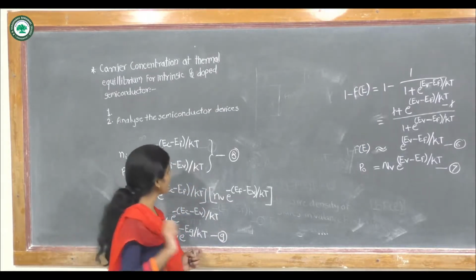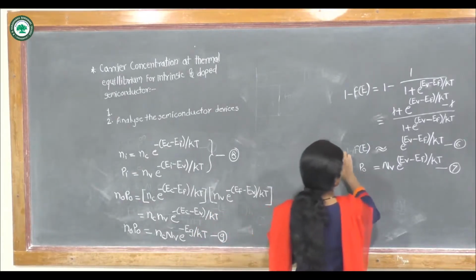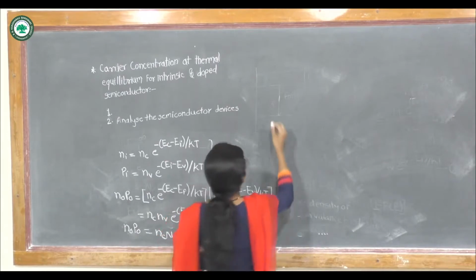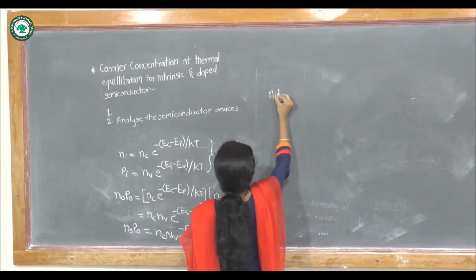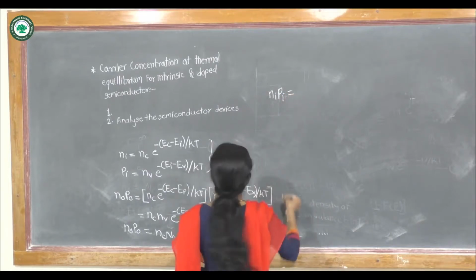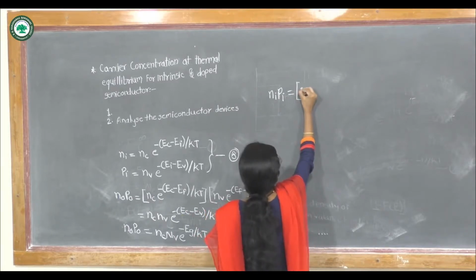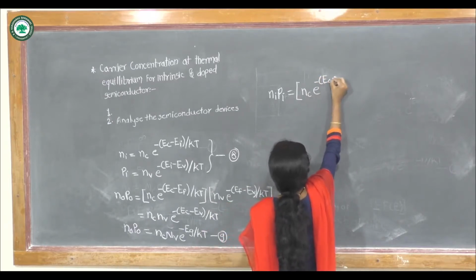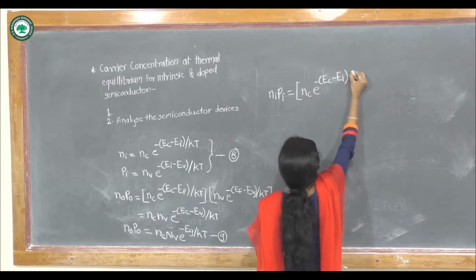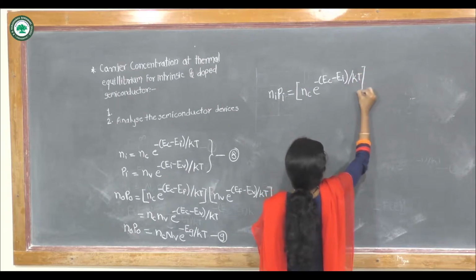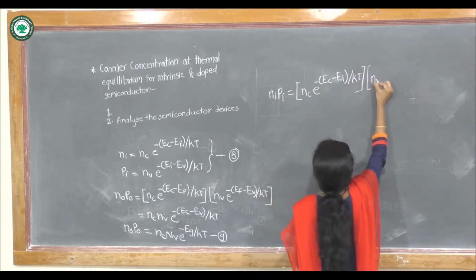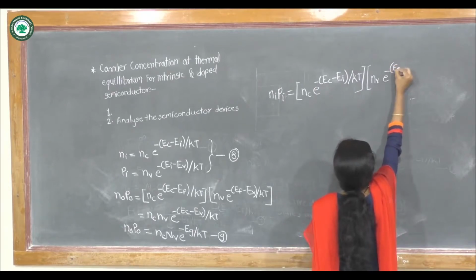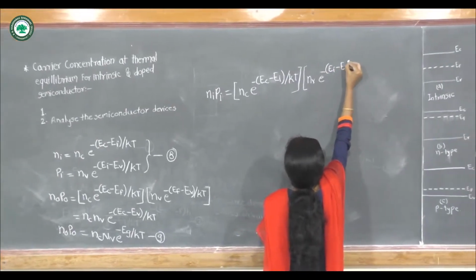Also the product ni pi can be given as ni pi is equal to Nc into e raised to minus (Ec minus Ei) by kT, into Nv into e raised to minus (Ei minus Ev) by kT.